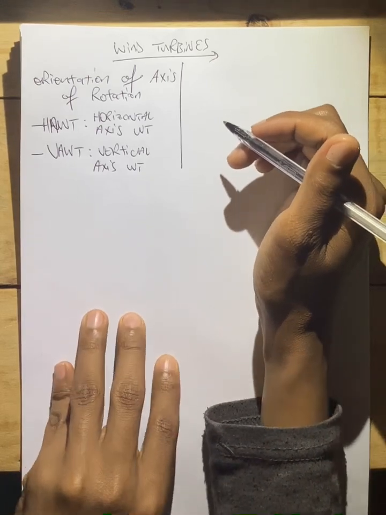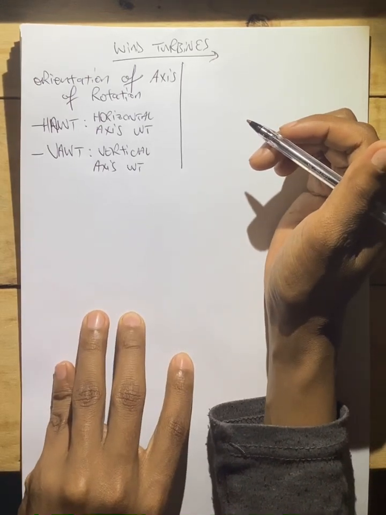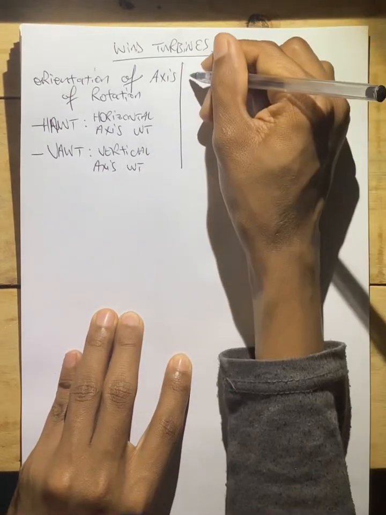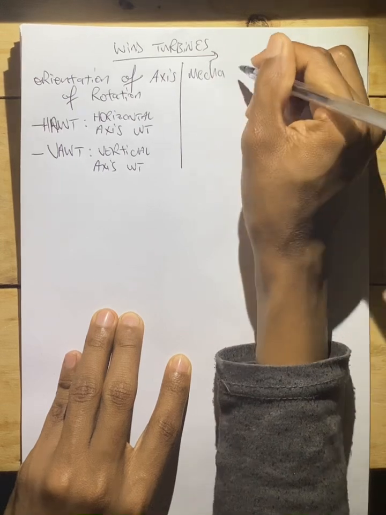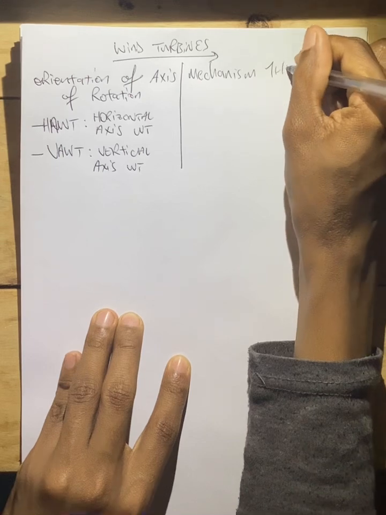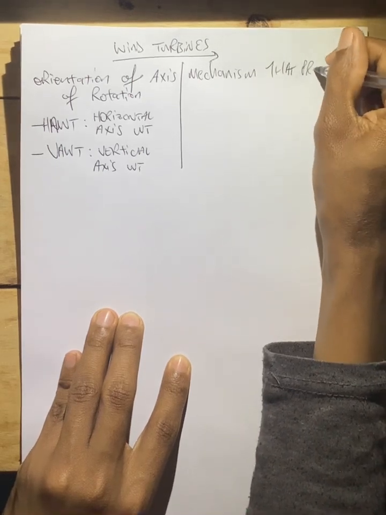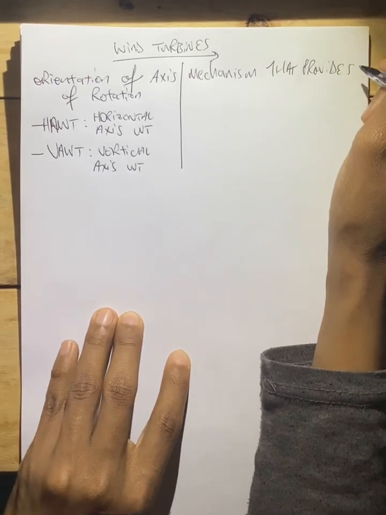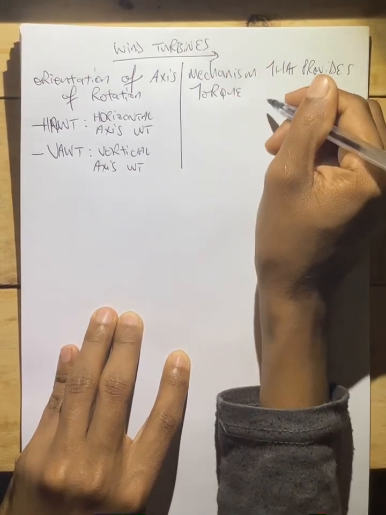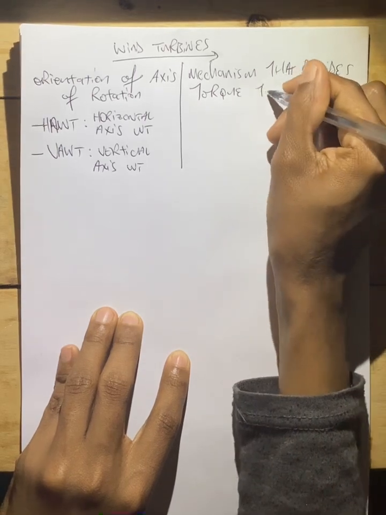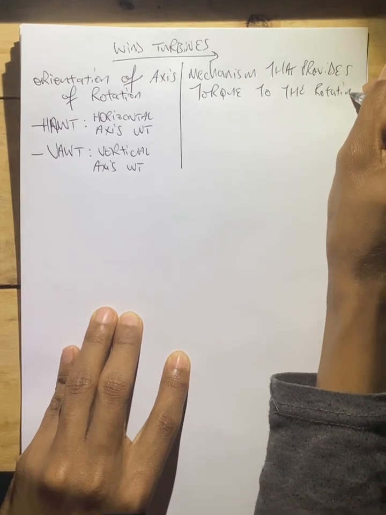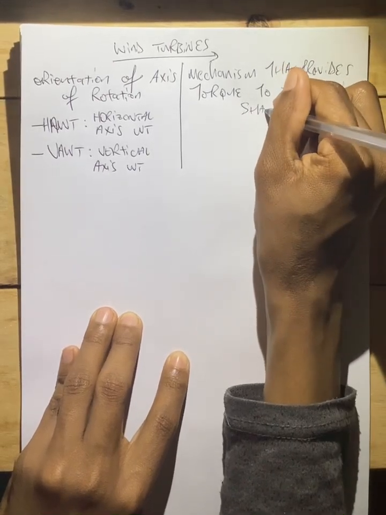However, there's also another way of categorizing wind turbines. That alternative way, we refer to as the mechanism that provides torque to the rotating shaft.